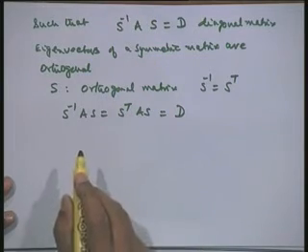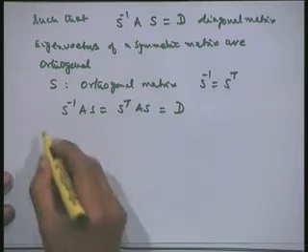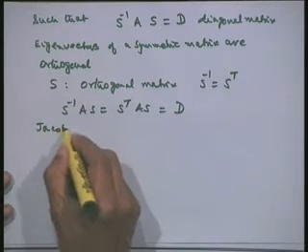Now, the Jacobi method attempts to reduce the matrix A to a diagonal form.